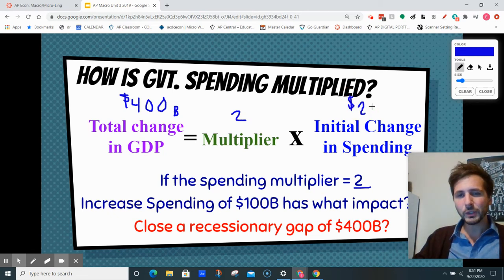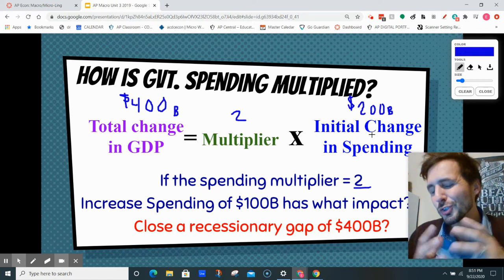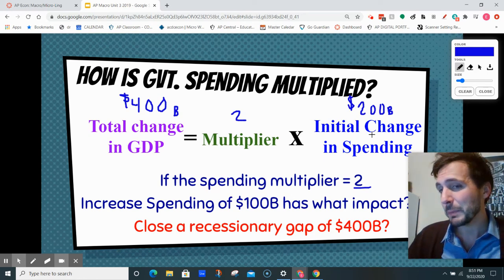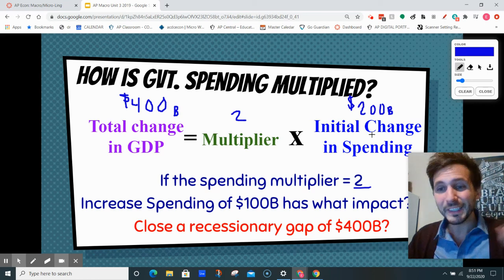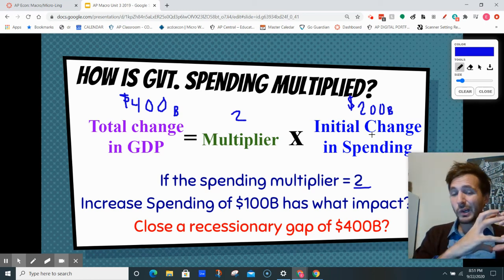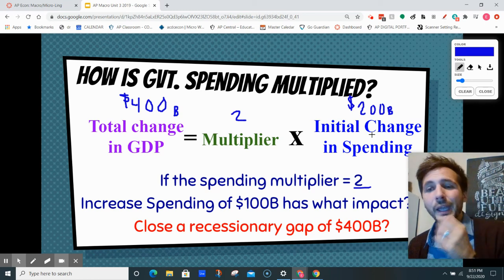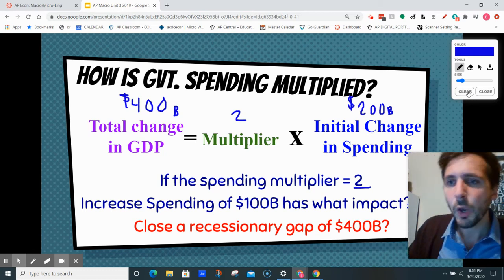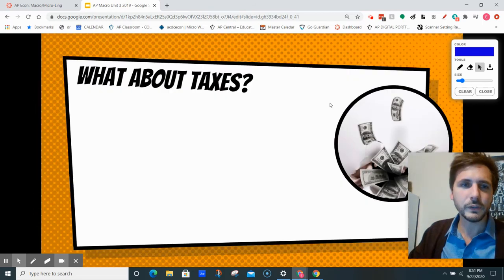I have to have an increase in government spending of $200 billion to have that impact. Okay, this is generally how we use this in AP macroeconomics, right? We see the gap, we say the gap is this large, here's our multiplier. How much of a change in government spending needs to happen to close this gap? I hope it makes sense. Again, we'll practice this tomorrow.